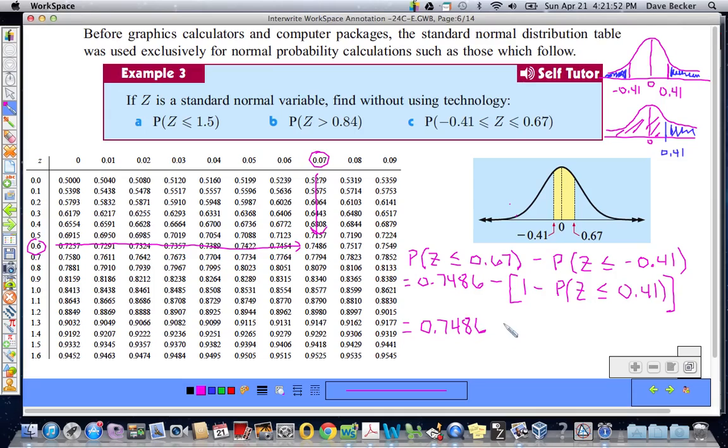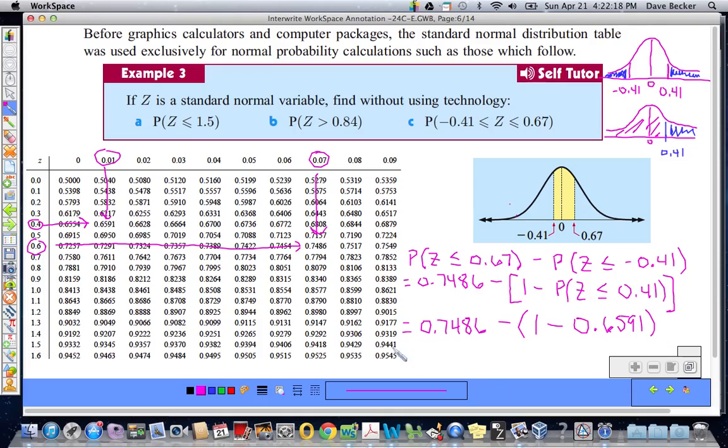Okay, so this turns out to be 0.7486 minus 1 minus the probability that z is less than or equal to 0.41. Here's 0.4. Here's 0.01 to make the 0.41. There we go. 1 minus 0.6591.